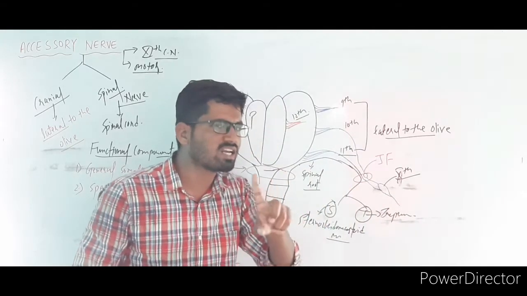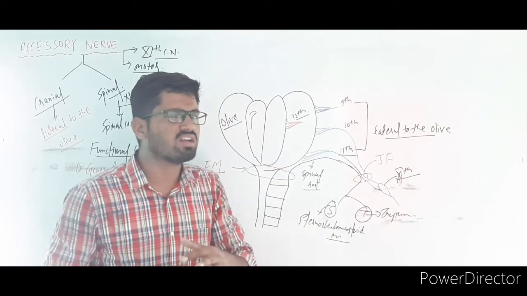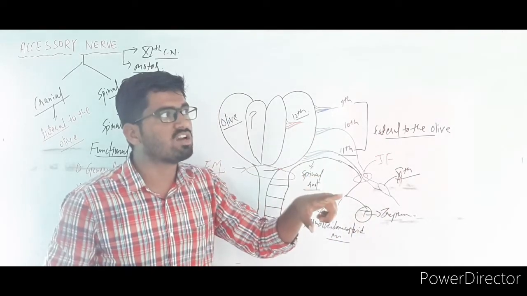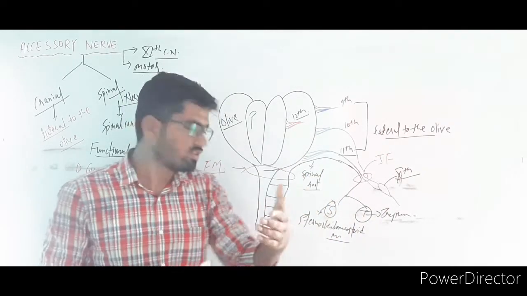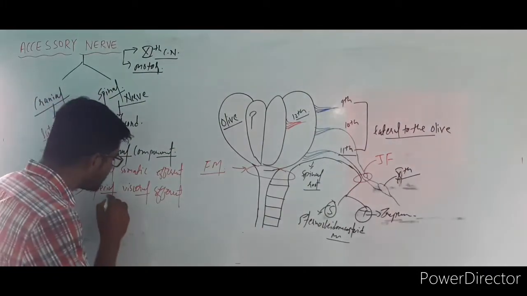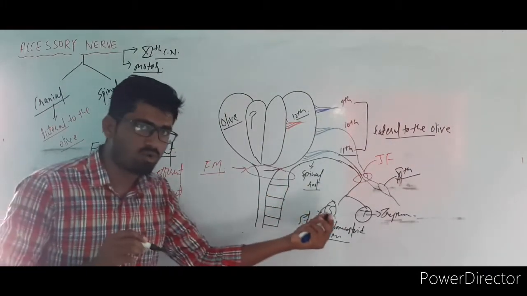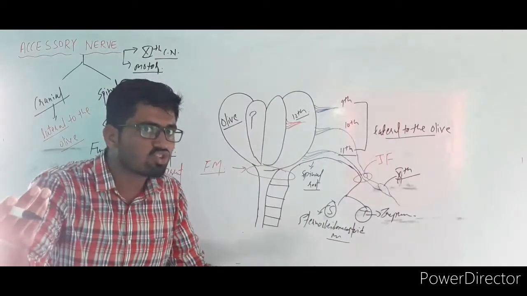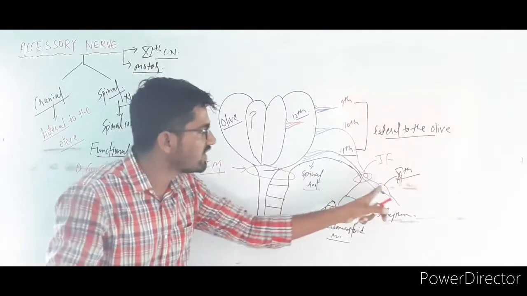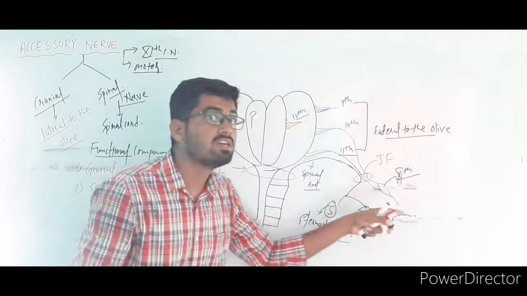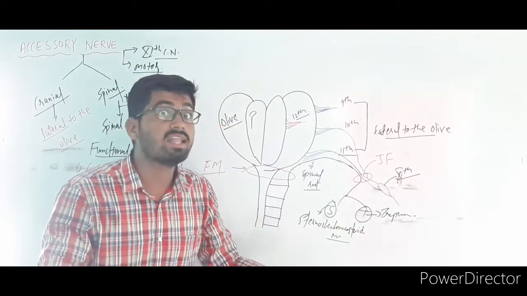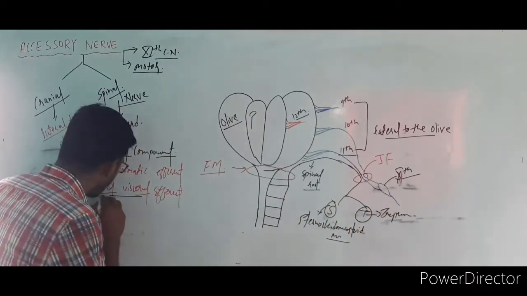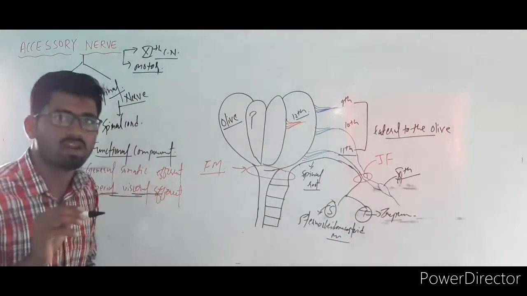So ultimately, which kind of fiber does the 10th cranial nerve have? The 10th cranial nerve has the superior laryngeal nerve and the inferior laryngeal nerve, which are ultimate branches of the vagus. So this fiber, special visceral efferent fiber, is in the 10th cranial nerve. It joins the vagus and supplies the muscles of the pharynx and larynx, which arise from the pharyngeal arches. That is why I wrote special visceral efferent fiber here.